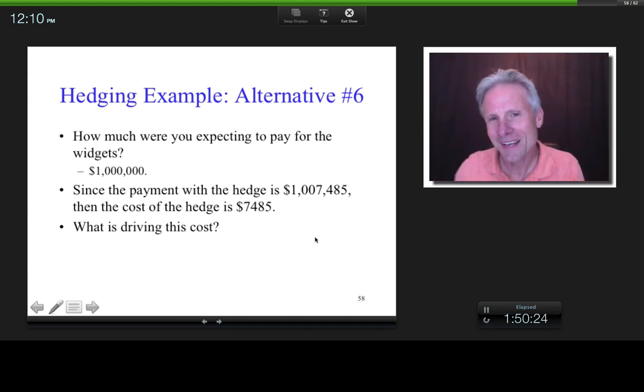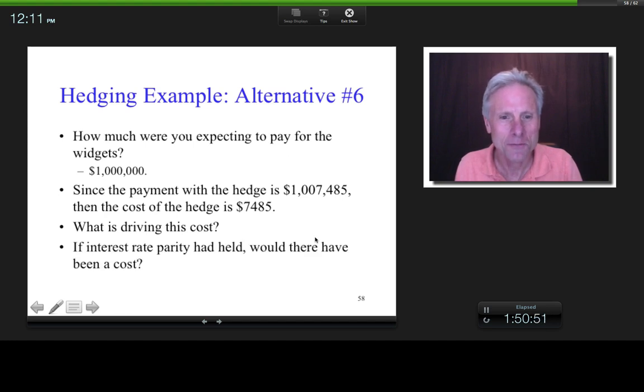The 3% was the 90-day US T-bill rate, right? And the 2.5% was the 90-day Japanese T-bill rate, right? And if interest rate parity had held, then would the expected exchange rate be such that you were indifferent between the two? It would have, right? So if interest rate parity had held, there wouldn't have been a cost.